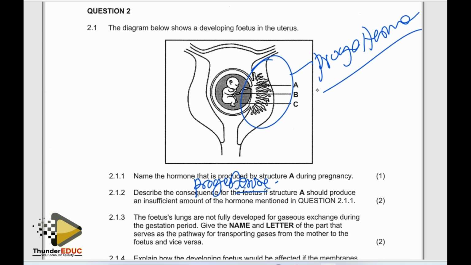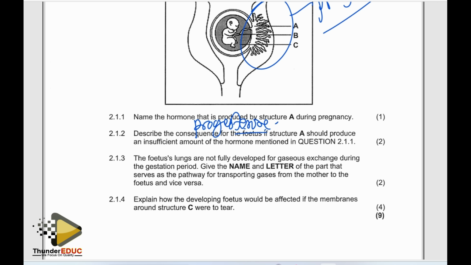Describe the consequence for the fetus if structure A produces an insufficient amount of progesterone. It is 2 marks. They're asking you what will happen. It means that pregnancy will not be maintained, and this might lead to a miscarriage, or maybe we can say premature birth.